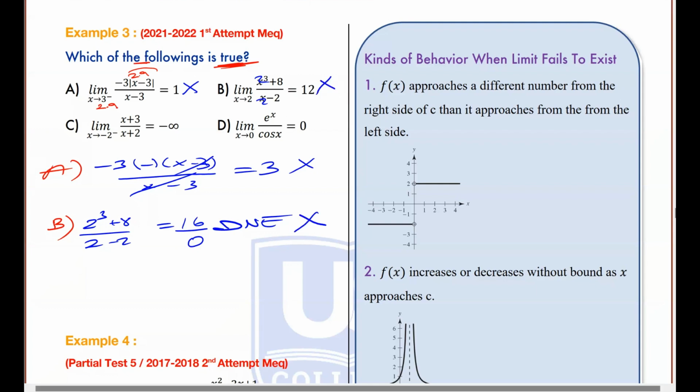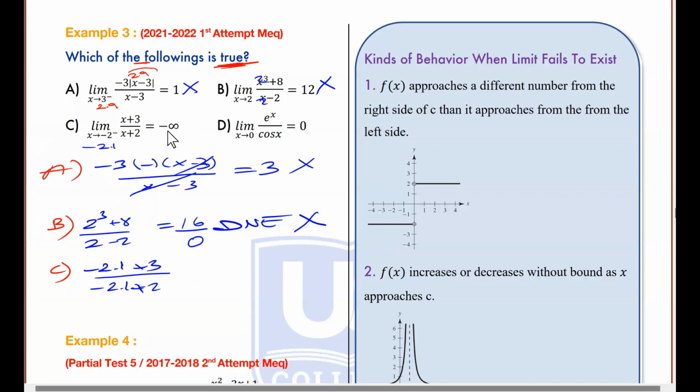What about option C? Let's try C. Limit as x approaches negative 2 from the left. Pick a number less than negative 2, like negative 2.1. When you put negative 2.1 for x, we are using this number to identify the sign only, not the number.